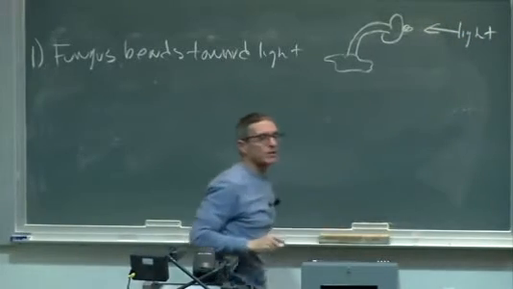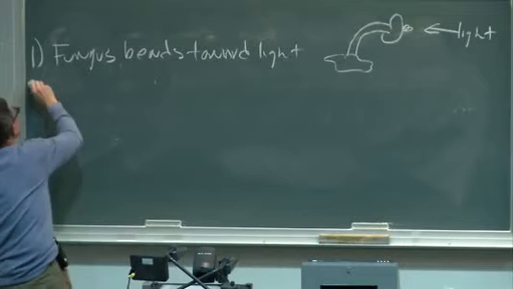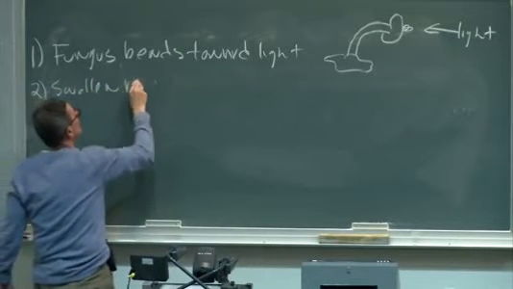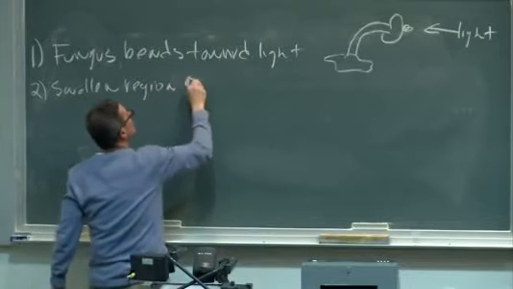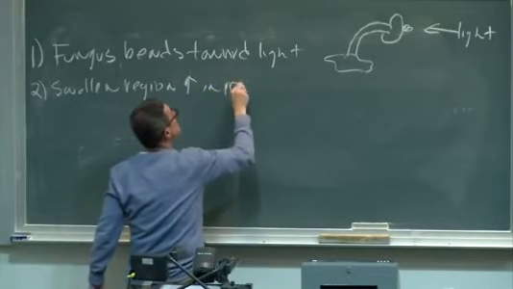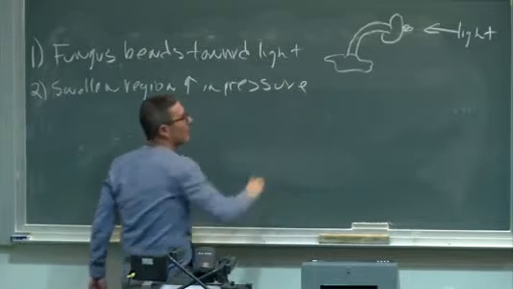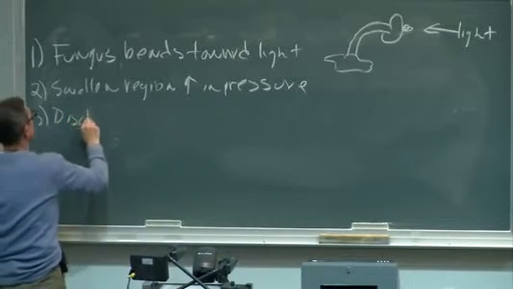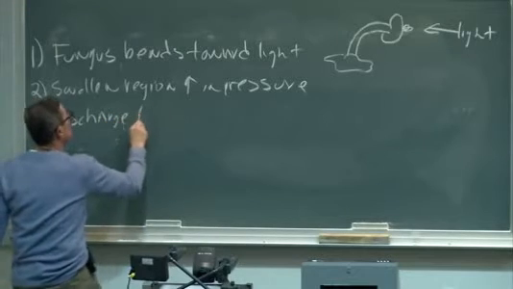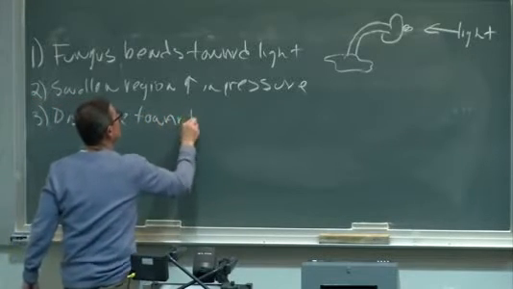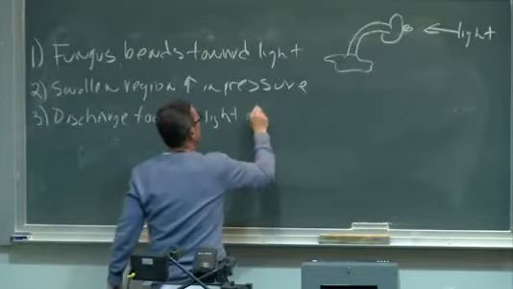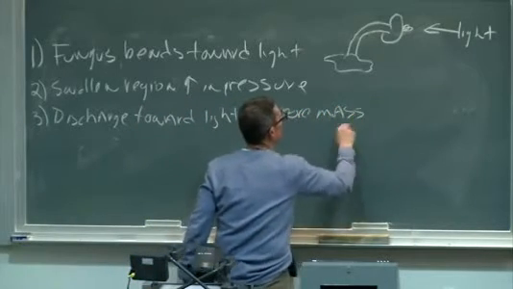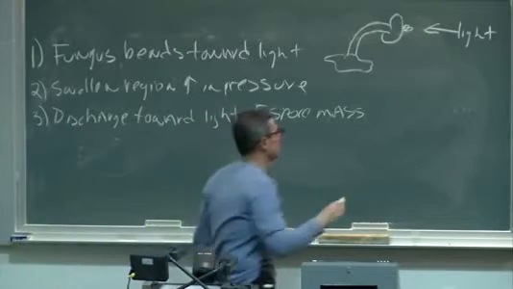It's the very first thing that you see happening. Secondly, the swollen region increases in pressure, and this results in a discharge toward the light of the spore mass, which may land on a plant.